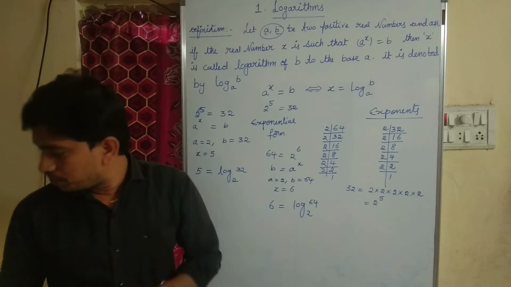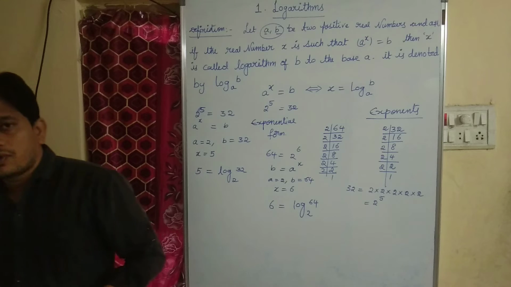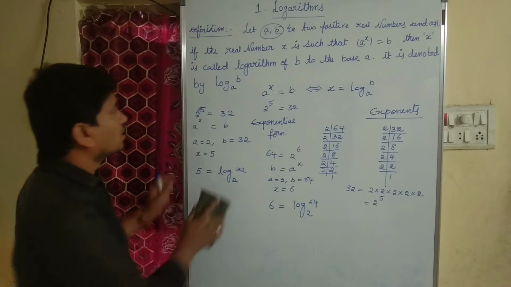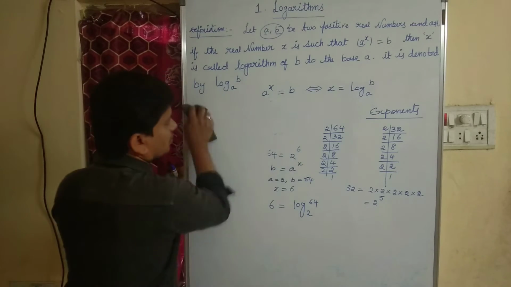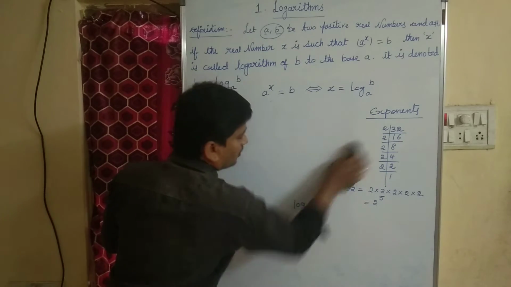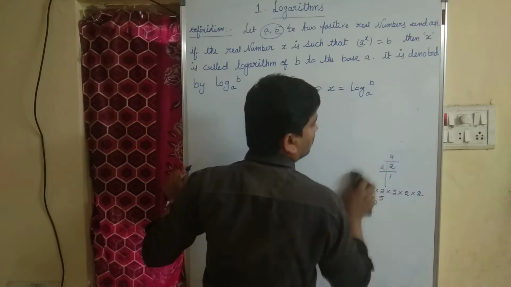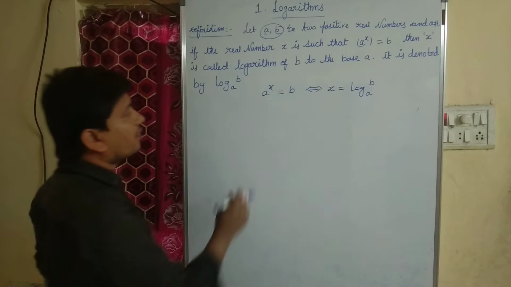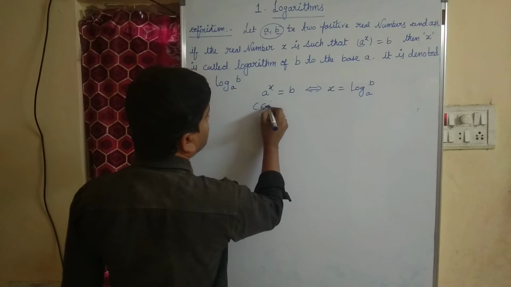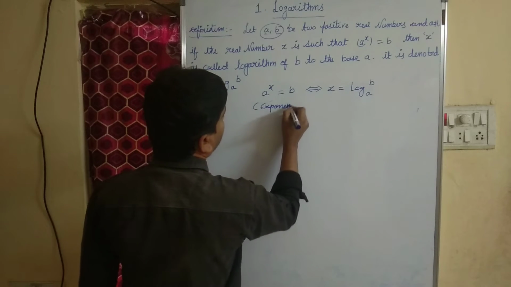Okay, children, I hope you understood what is the meaning of logarithm. As I told you, a power x is equal to b is called the exponential form.